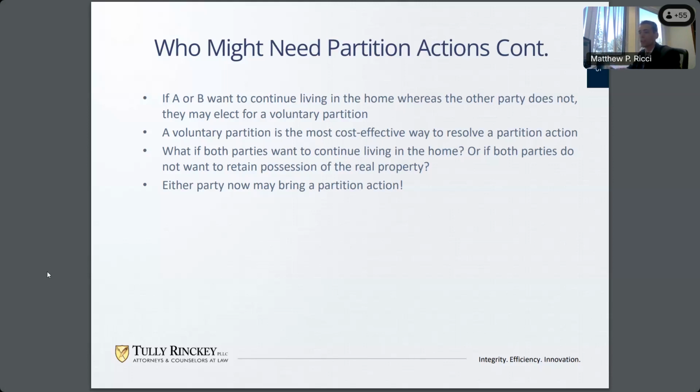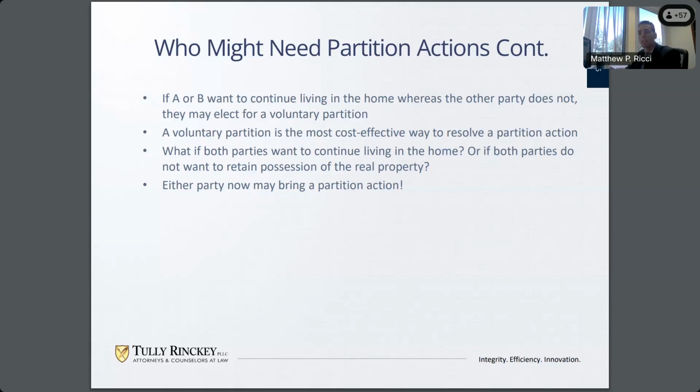There's no real rule definition of that, but these are situations where parties either do not want to keep the property or agree and consent to the sale, but don't know what to do with the actual proceeds. Again, this is one of the most cost-effective ways for clients, as well as for judicial economy, to resolve disputes surrounding co-owners of real property.